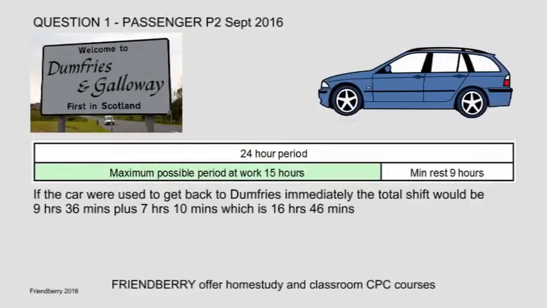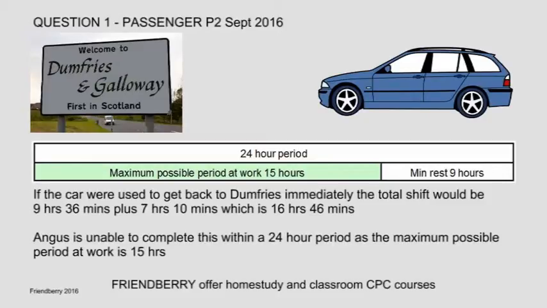If the car were used to get back to Dumfries immediately, the total shift would be 9 hours 36 minutes plus 7 hours 10 minutes, which is 16 hours 46 minutes. Angus is unable to complete this within a 24-hour period, as the maximum possible period at work is 15 hours.